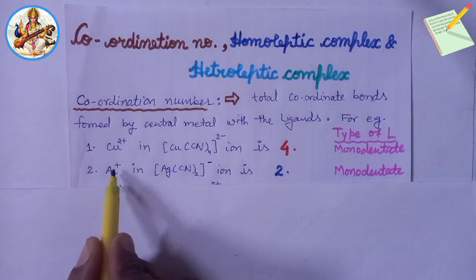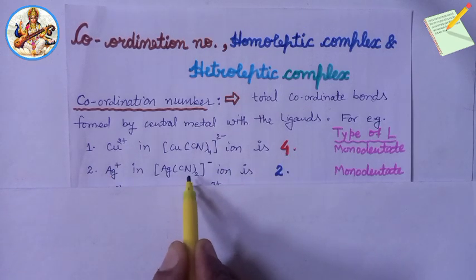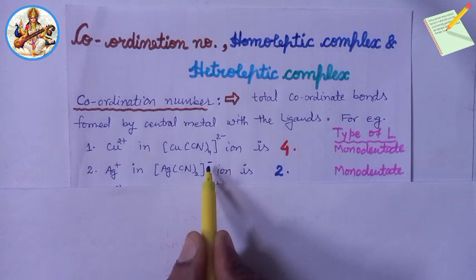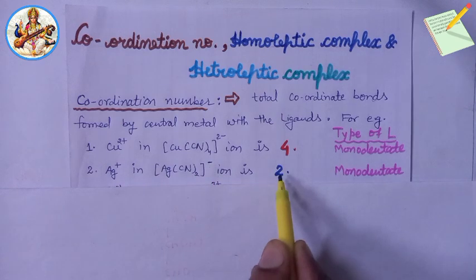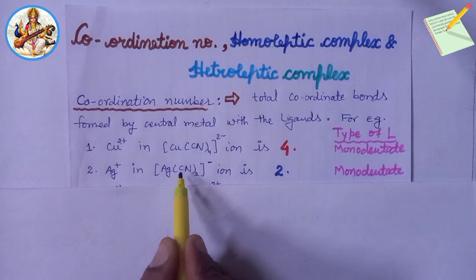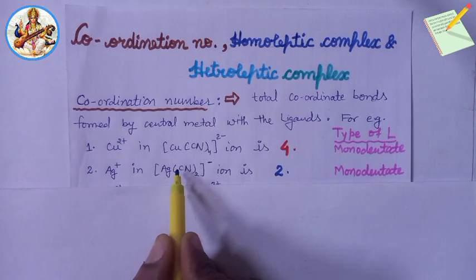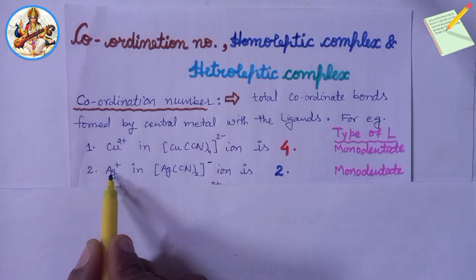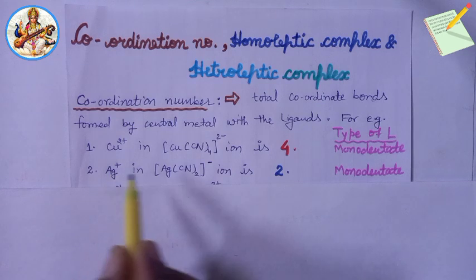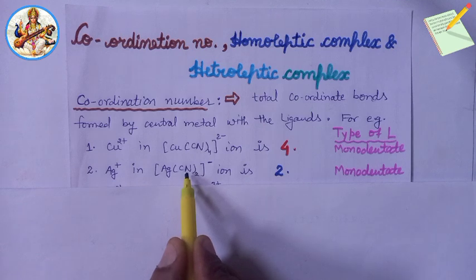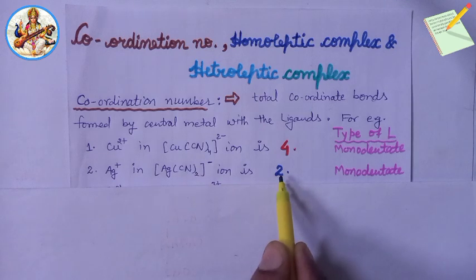Similarly, Ag+ in [Ag(CN)2]- ion is 2. Here one carbon atom participates in a dative bond, therefore the coordination number of Ag+ in this complex ion is 2.